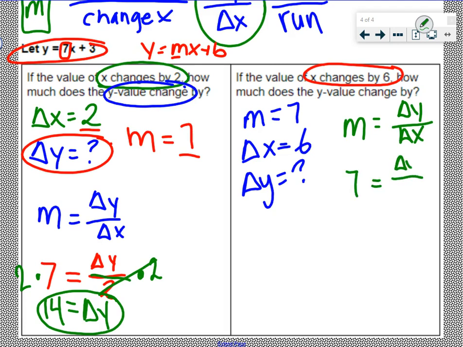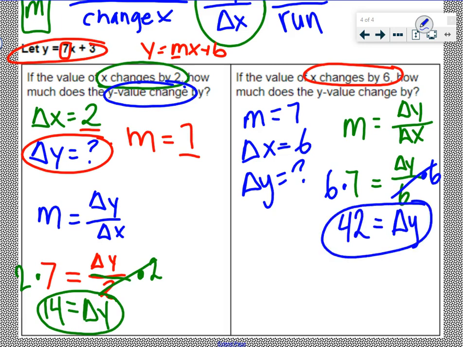Change in y is our unknown. Change in x is 6. We need to solve for change in y. So we'd multiply both sides by 6. We get change in y is equal to 42. So if your value of x changes by 6, that means your value of y is going to change by 42.